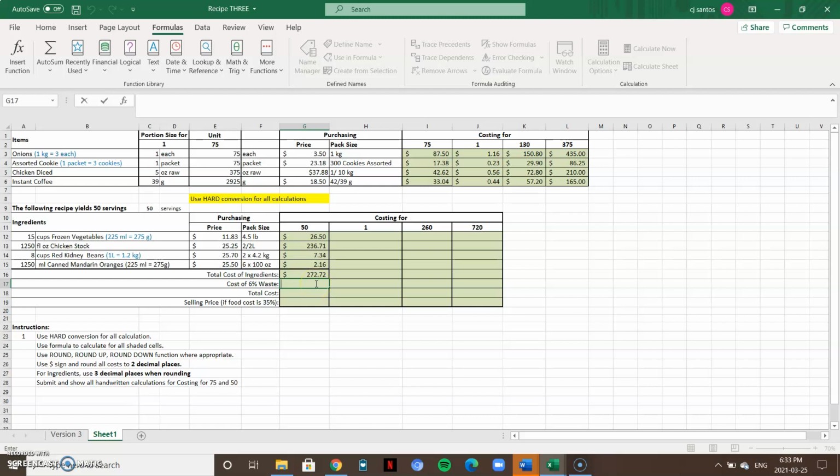And to cost for the total waste, it would be the cost of the ingredients, then multiplied by 6%, and that would give us $16.36. So for the overall cost, you would get the total cost of the ingredients, then add the 6% of the waste, and that will give us $289.08.